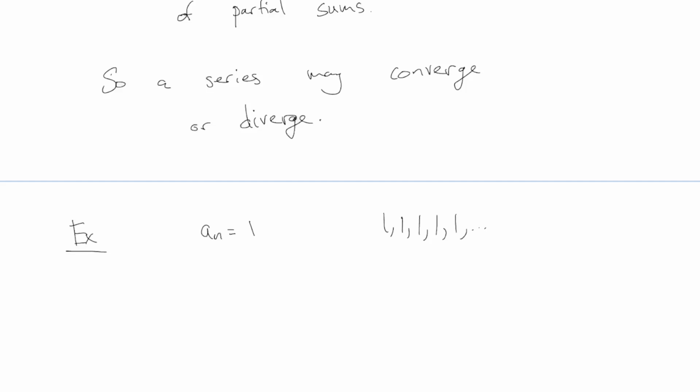And I would like to know, your job, find the series sum from n equals 1 to infinity of an. All right? Your answer is either going to be a number or you say it diverges, because a series like this is allowed to diverge.